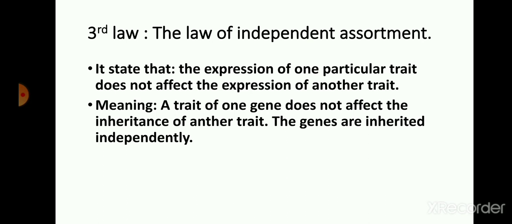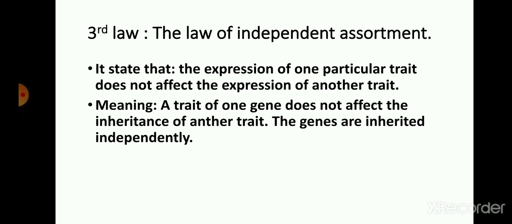The third law is the law of independent assortment. This law states that the expression of one particular trait does not affect the expression of another trait. We know that Mendel studied seven characteristics of the pea plant, and these characteristics have different traits and different genes for them.